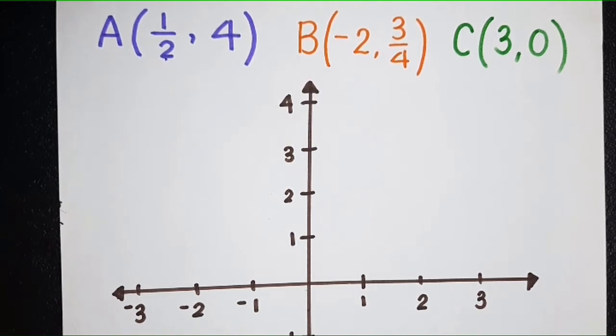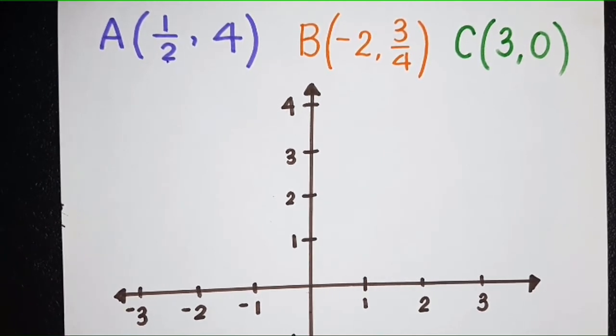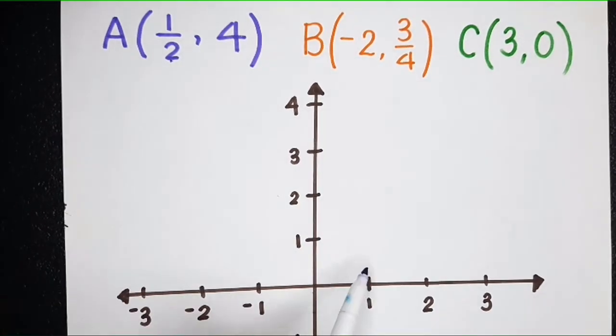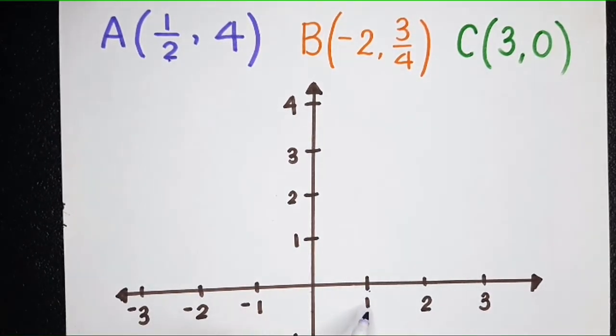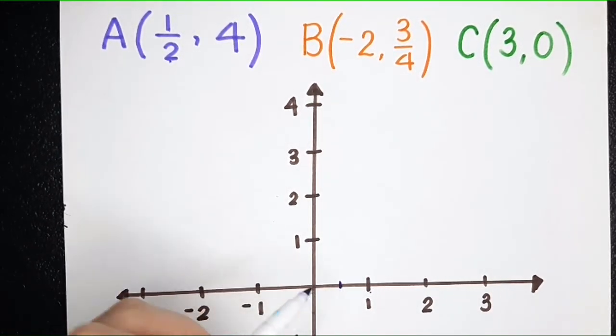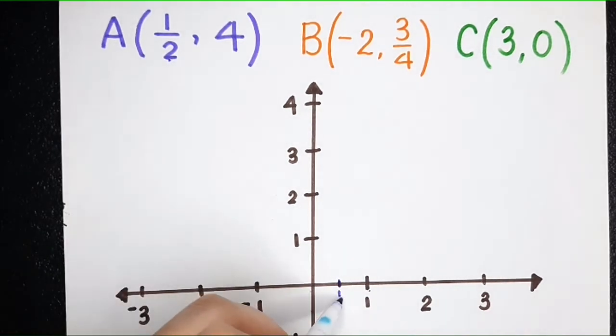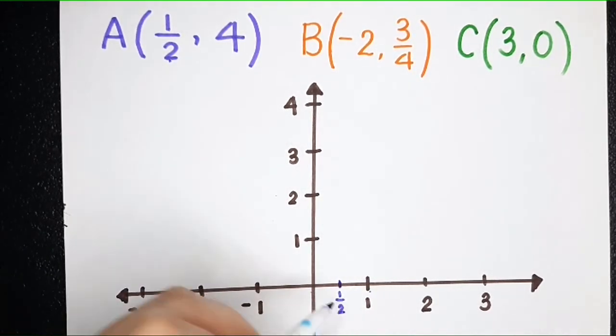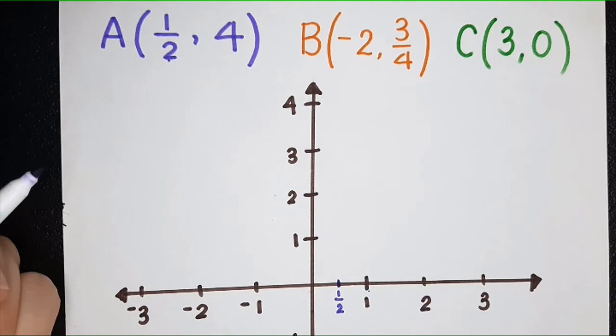Okay, so let's try to locate point A. It says here, you have 1/2, 4. So, hanapin nyo lang yung 1/2. Positive 1/2. So, if this is 1, di ba yan yung 1? Where is 1/2? Kalahati lang nito. So, nandito siya. Andyan yung 1/2 here. Okay? So, 1/2, 4.